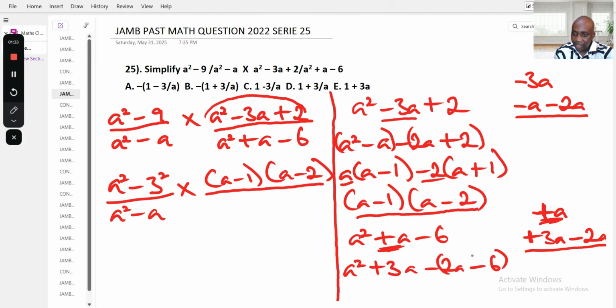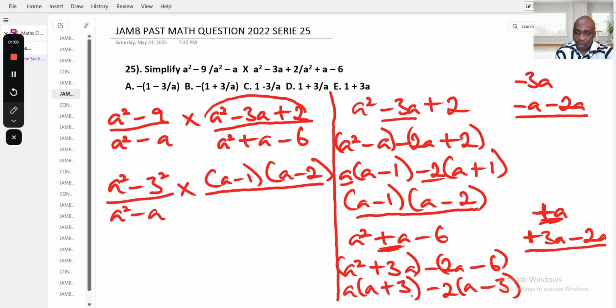Let's close the brackets and factorize. What is the common factor within here? It is a. When you take one a out, it's going to remain 1. This one will remain 3. What is the common factor here? It is 2. What is left here? A. How many 2 can we see in 6? 3.